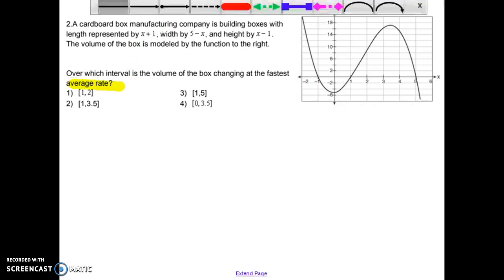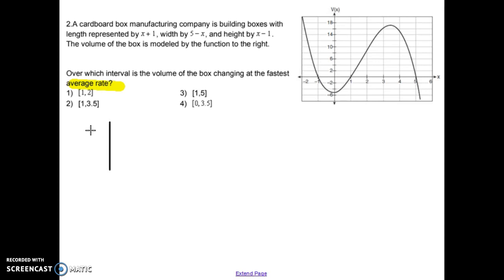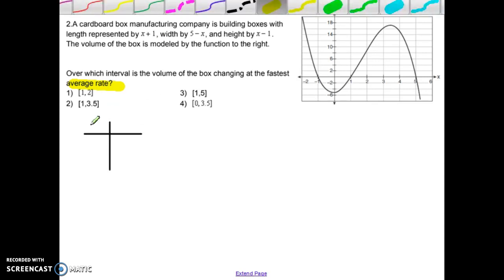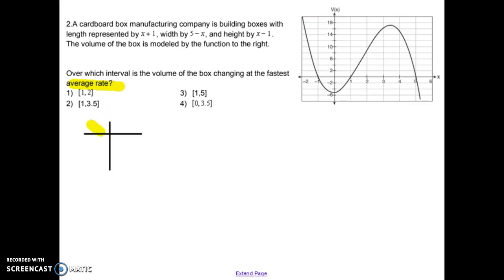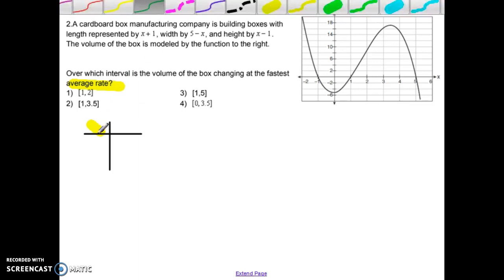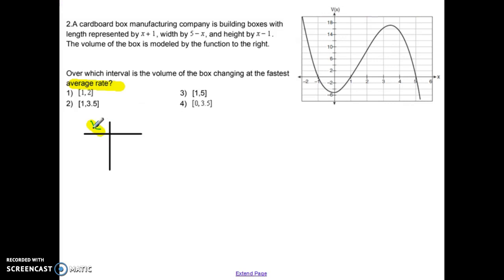So each one of these, they're giving us x's, and we need to look up the y's. If I'm looking at choice 1, I would need to calculate if my input is 1, what's the output? If my input is 2, what's the output? So here this is going to be 0, and I'm just looking it up on the graph.